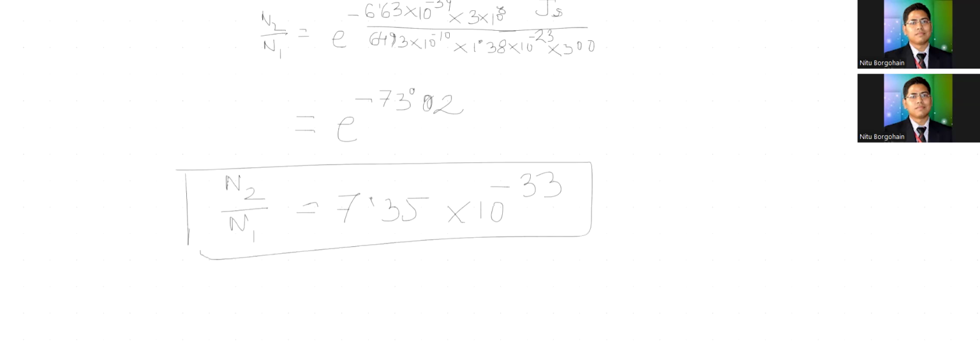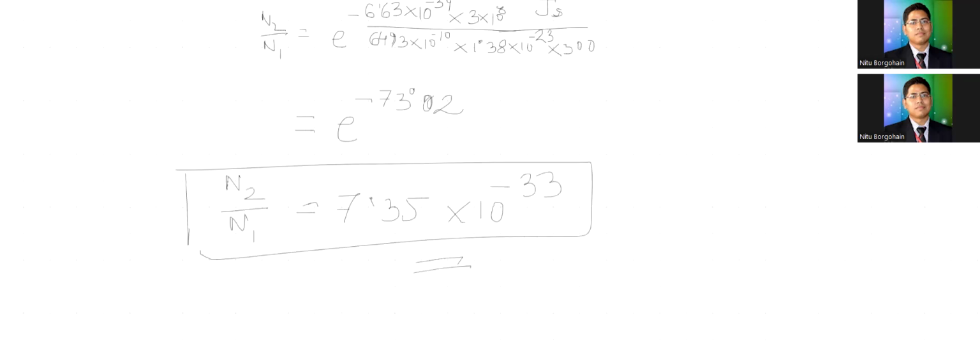For that, if we take the exponential value of minus 73.02, it comes around 7.35 into 10 to the power minus 33. So this is the value of the ratio N2 by N1, which is asked. Okay, so this is the answer: 7.35 into 10 to the power minus 33.